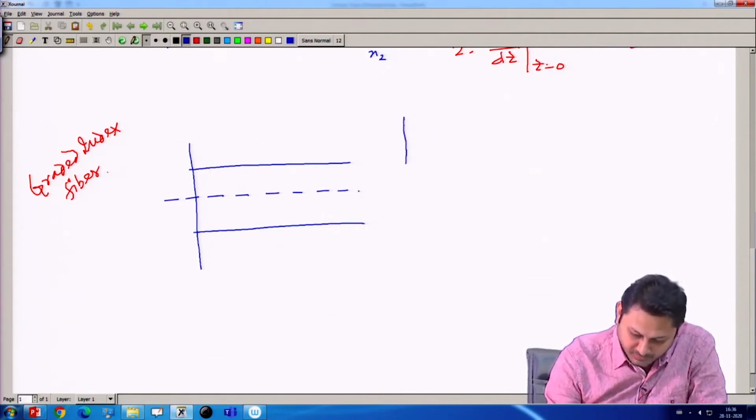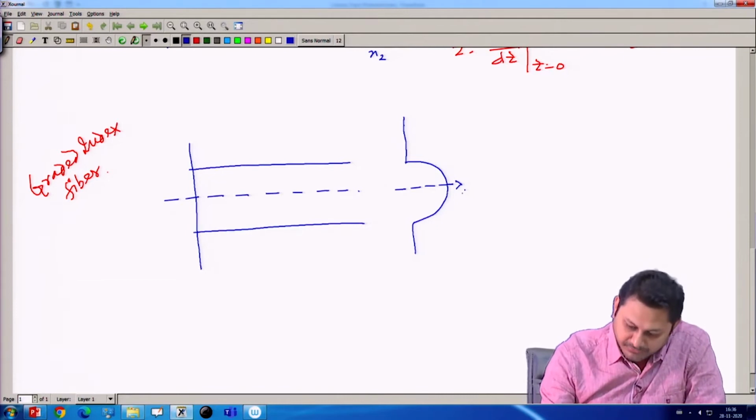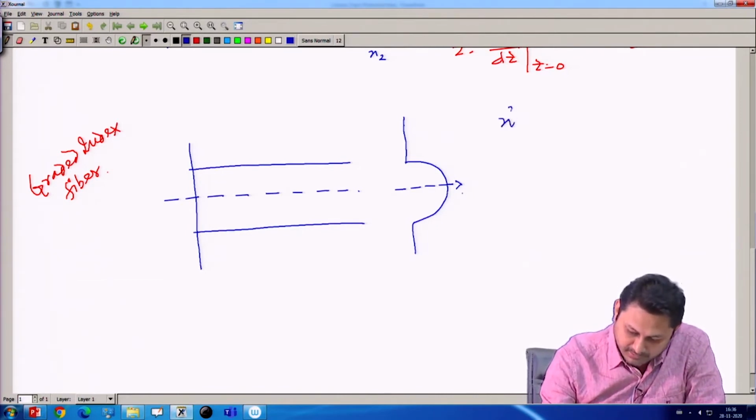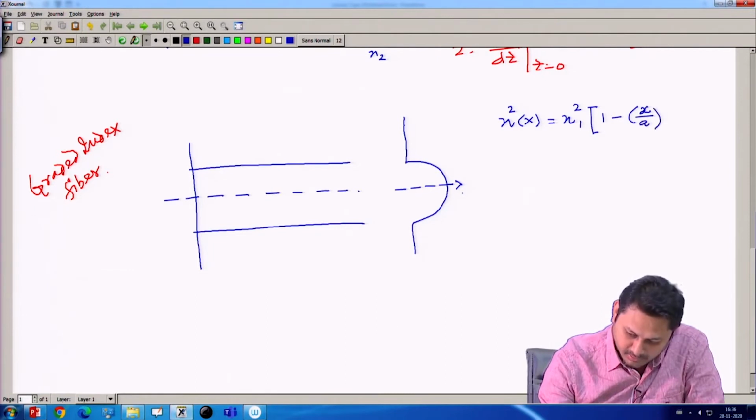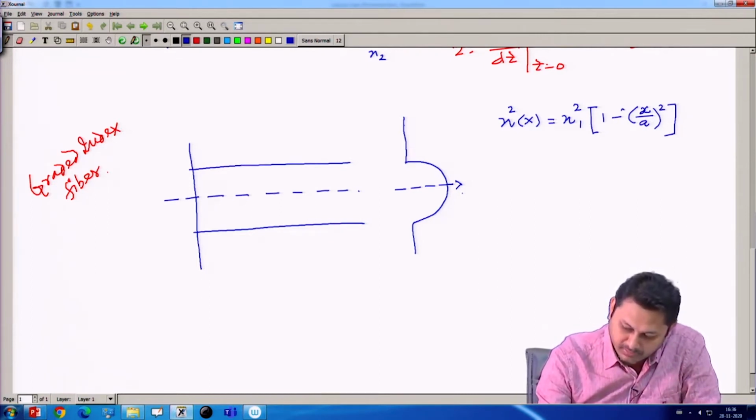Here the refractive index profile is parabolic, and we have a form of the refractive index, that is n square x was n1 square times 1 minus x by a whole square, times a term 2 delta.